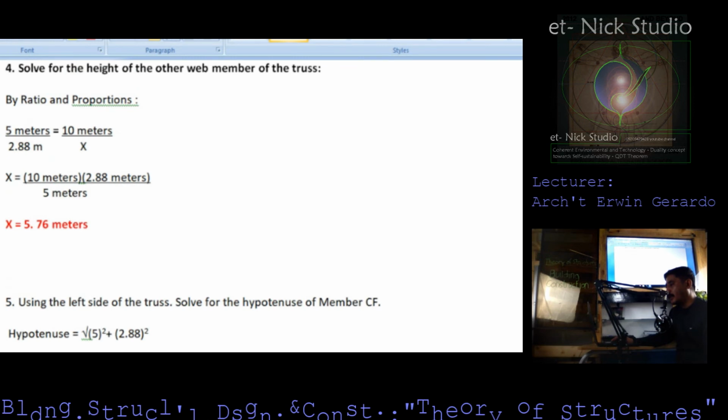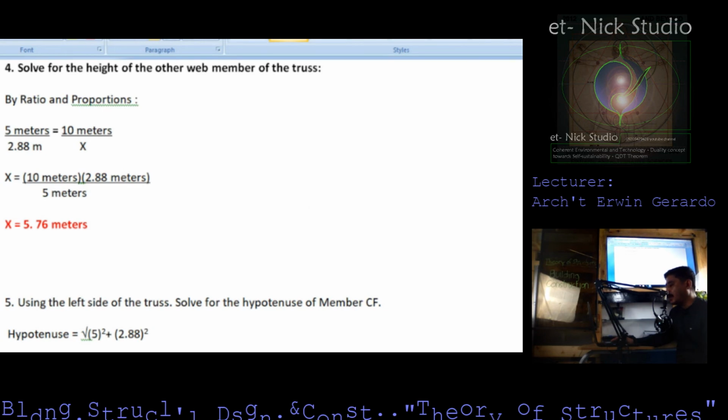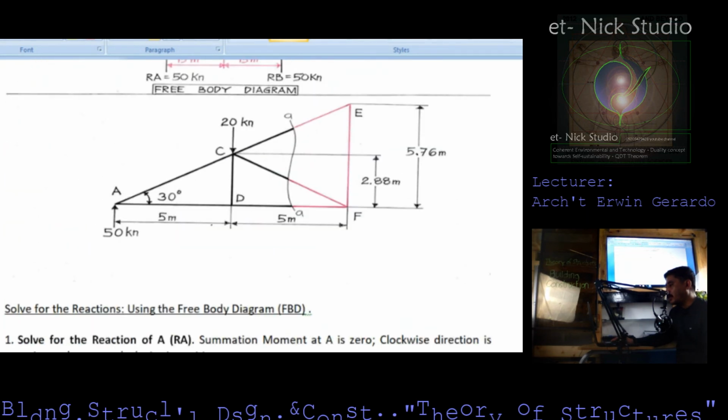While for number 4, solve for the height of the other web member of the truss. By using ratio and proportion, 5 meters divided by 2.88 equals 10 meters times x. X therefore is 5.76, which is this.